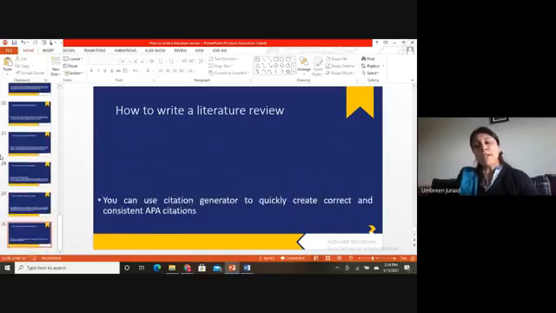You can use a citation generator to quickly create correct and consistent APA citations.